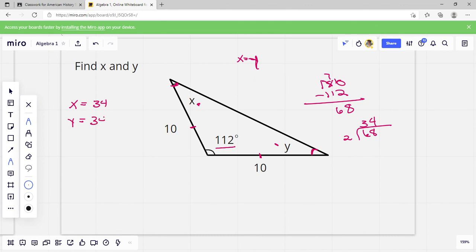So both of these are 34 degrees. So x equals 34 and y would equal 34. And to double check that, we can add them all back together and make sure we get 180. So 34 plus 34 is 68, plus 112 is 180. Okay, so always add them back together and make sure you come up with 180.